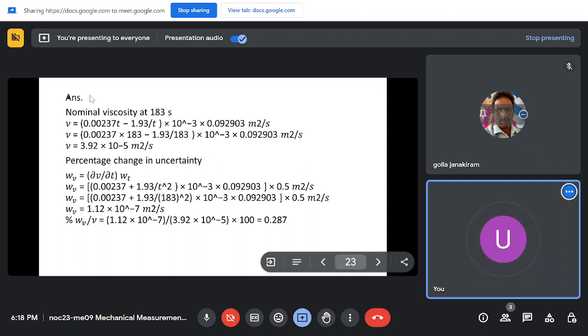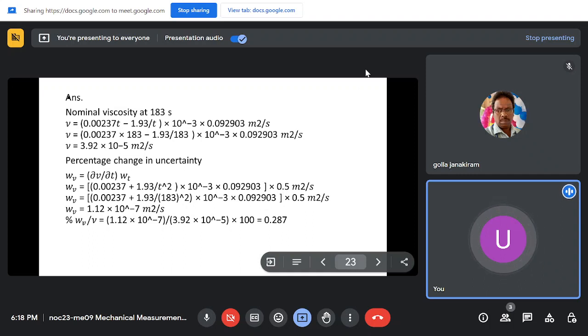So I repeat, we have the nominal viscosity relation, we substitute time and we find viscosity. Then for the percentage change in uncertainty, we know the uncertainty of time. The uncertainty of viscosity is dou v by dou t, because we know v, we differentiate that with respect to t, into the uncertainty of time. We substitute the time and uncertainty of time, and we get the uncertainty of the viscosity. We know the viscosity, so we calculate the percentage change in viscosity, which is 0.287.